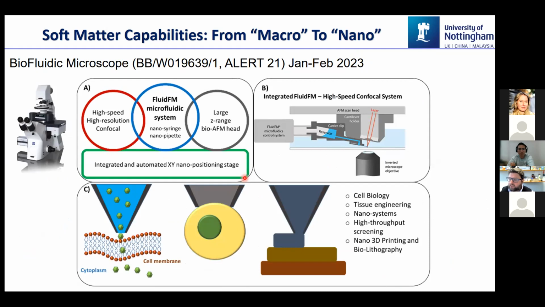It combines a high resolution confocal microscope with a FluidFM atomic force microscopy system that enables you to use atomic force microscopy under optical guidance with high resolution and high speed acquisition, but also to do microfluidic experiments where you can inject something into the cell, or sample something, or manipulate objects, including bacterial cells or mammalian cells, as well as engineering applications like nanoscale 3D printing.